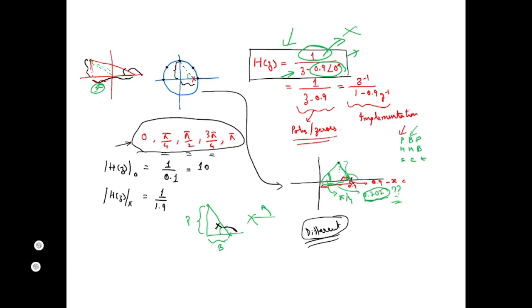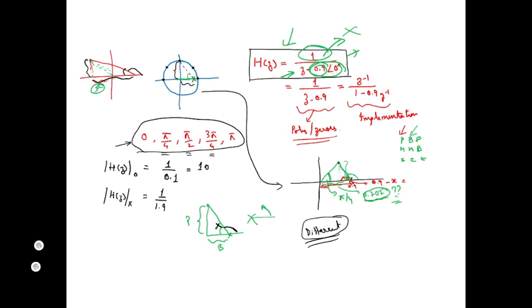For the sake of understanding, I have given it in polar form: 0.9 with a phase angle of 0. So at 0 angle, we are on the real axis on the positive half, and at radius 0.9, I have put the pole.